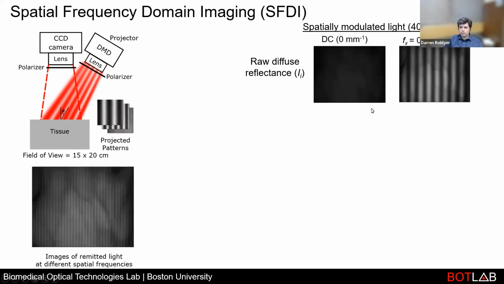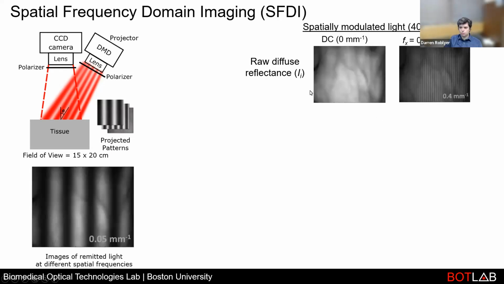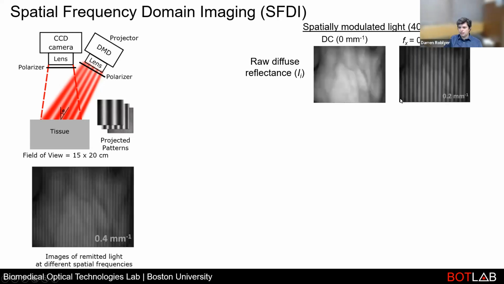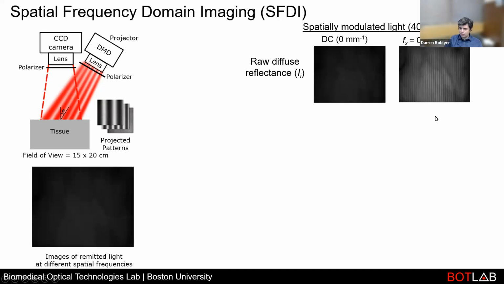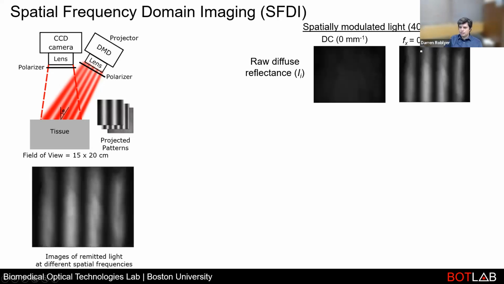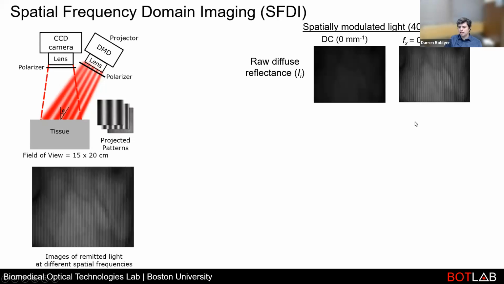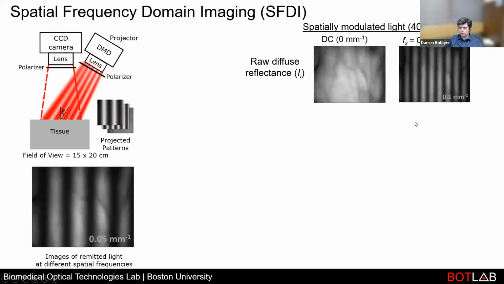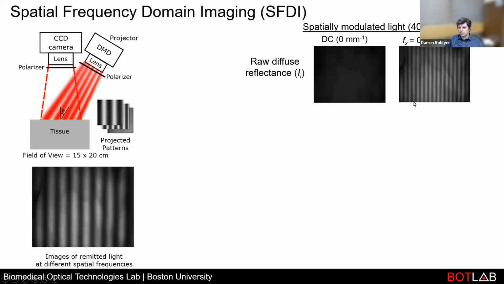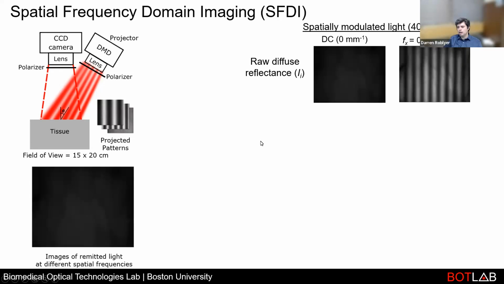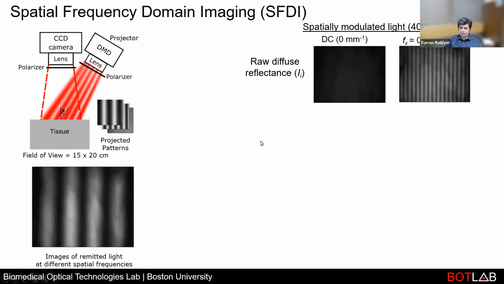So practically what we do is we take a DC measurement, so that's just planar illumination, and an AC measurement, meaning a modulation that's higher than planar. And here is showing examples between 0.05 and 0.4. And we're not just projecting one pattern per frequency. We're projecting multiple shifted patterns, and that's so that we can demodulate the image. And I'll show you how we do that in the next slide.